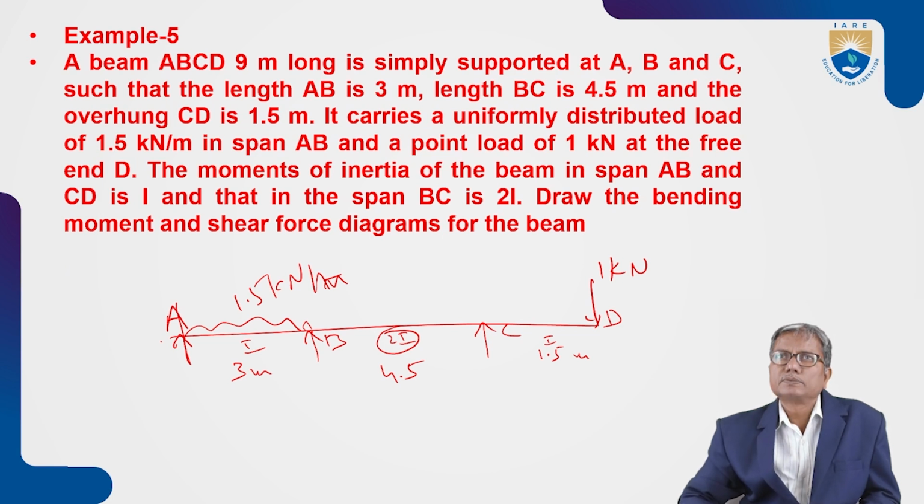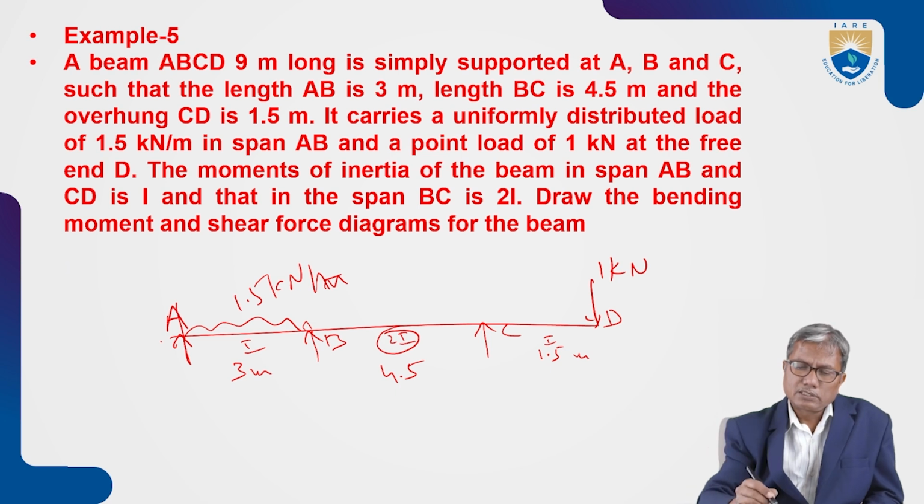There is no difference. Only thing, we consider the respective moments of inertia. General expression we will consider. What we have considered for uniform section is slightly different because we need to include the I value in that equation for different sections.